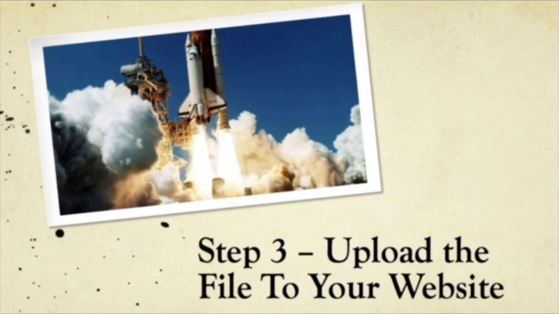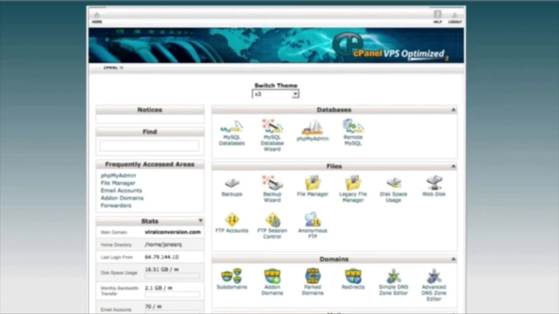Step 3 is to simply upload the file folder to your website. This is pretty basic stuff, but I'll run through it real quick. Essentially, there's 2 ways you can do this, and let me show you the first way. I've logged into the cPanel in my browser for my website.